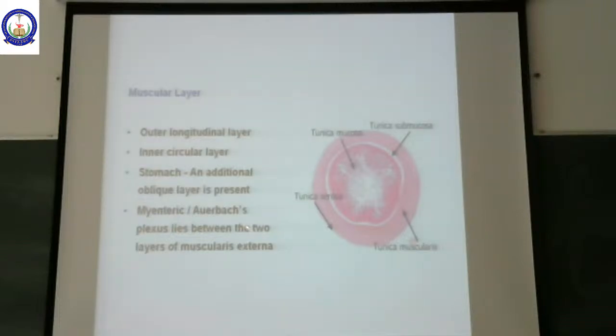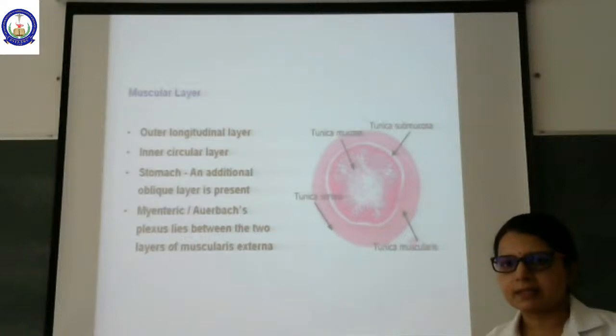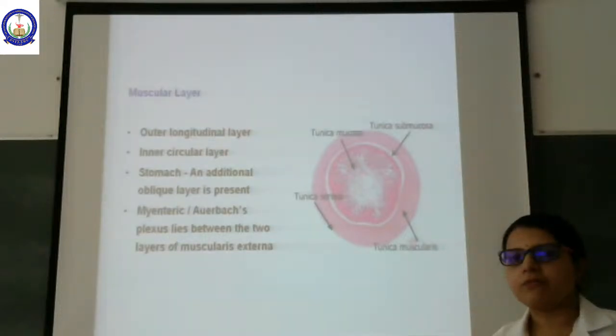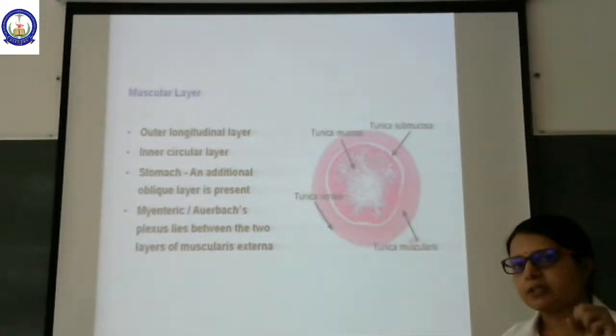One more important structure present is that the entire gastrointestinal tract has two types of nerve plexuses. Nerve plexuses mean it is regulated by the higher centers. It should have its own nerve supply. If any muscles are there, they should have continuous nerve supply.